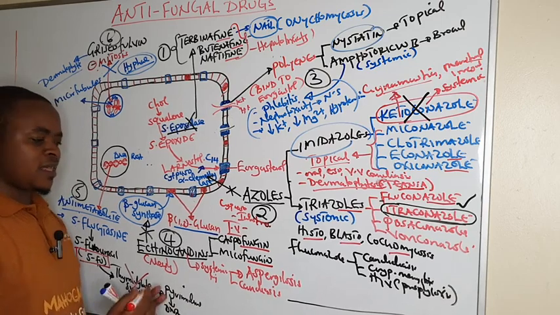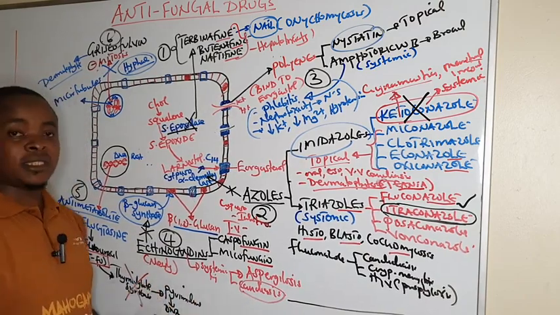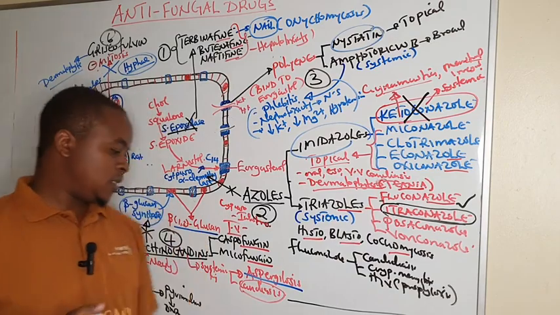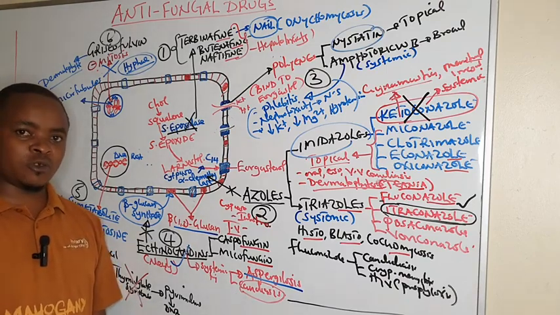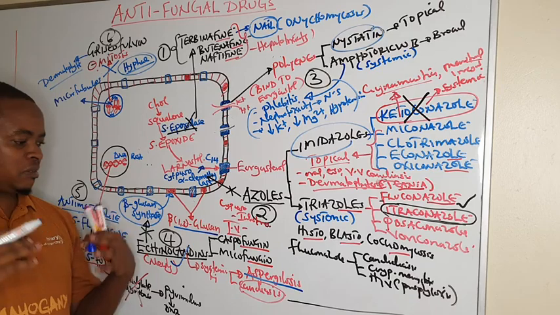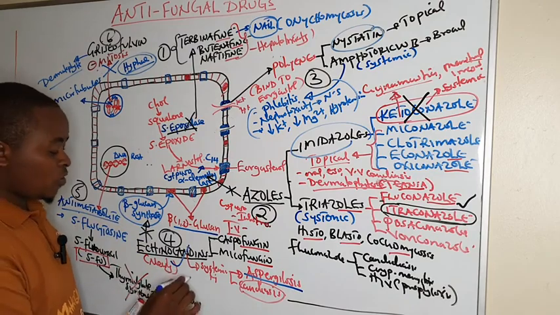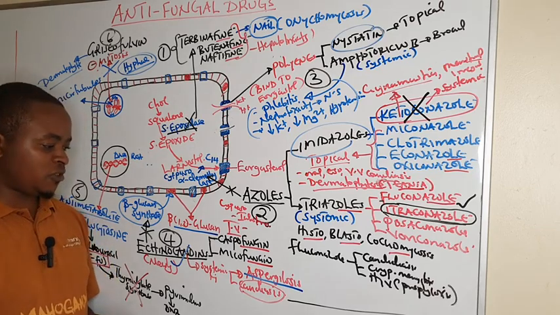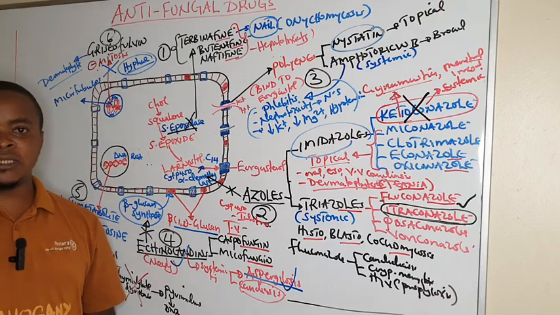So for candidiasis and other resistant infections, we can also use echinocandins, but it is the drug of choice for treating aspergillosis. That one you have to note. It can also cause hepatotoxicity and other side effects like nausea, flushing, vomiting, diarrhea, and other GIT disturbances. But the specific one is that they can cause hepatotoxicity. So you have to give them while monitoring the liver function of the patient. Don't forget, it is a drug of choice for treating aspergillosis infection.